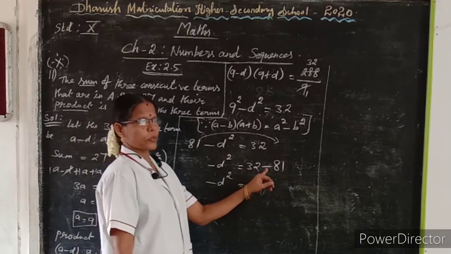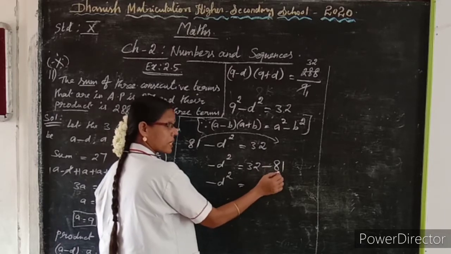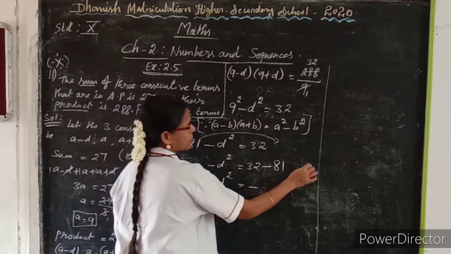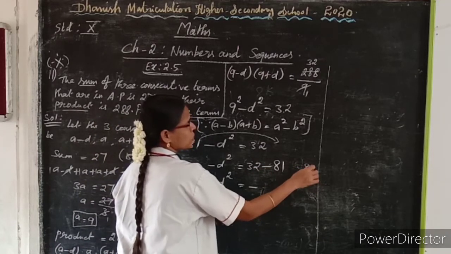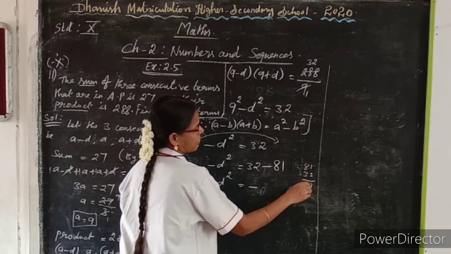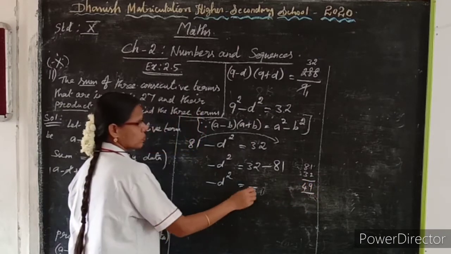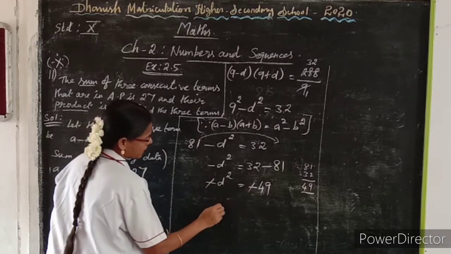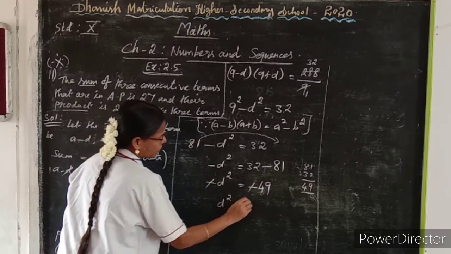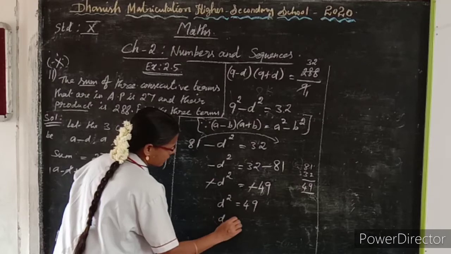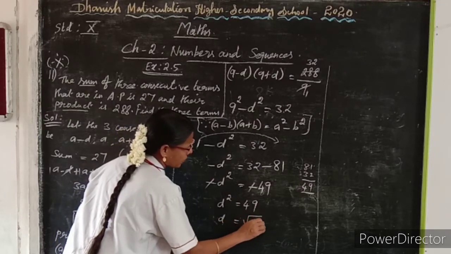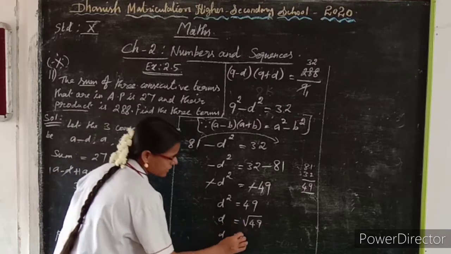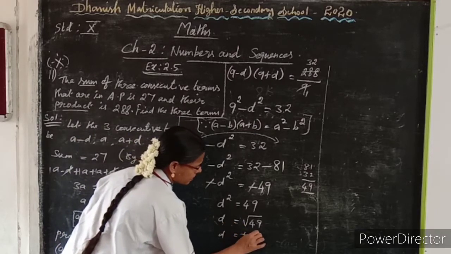So subtract and put the greater number's sign. Here the greater number is 81, that sign is minus. So 81 minus 32 is 49. This minus will cancel. d square is equal to 49. d is equal to root of 49. Take the square root of 49, it is plus or minus 7.